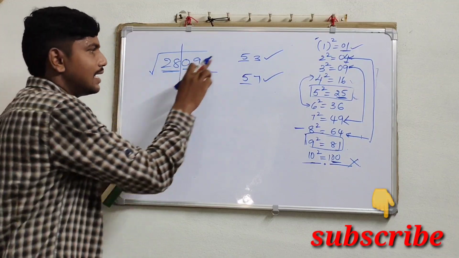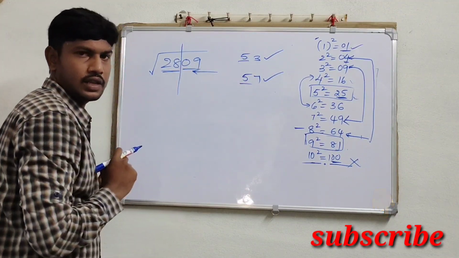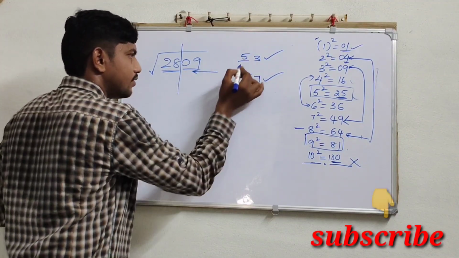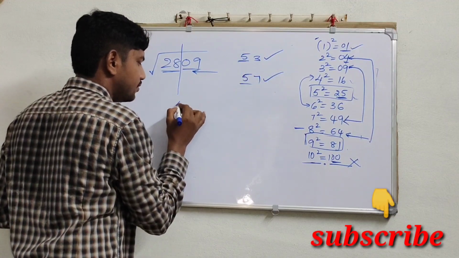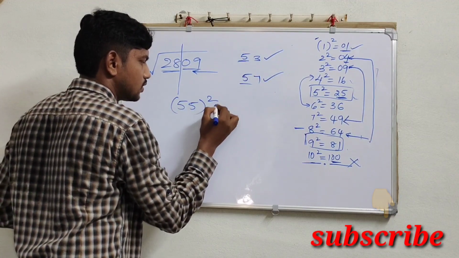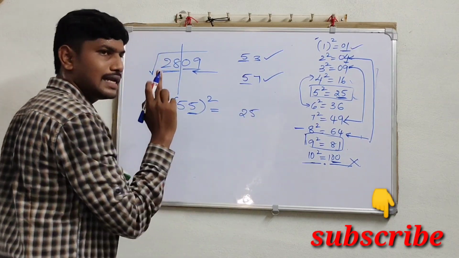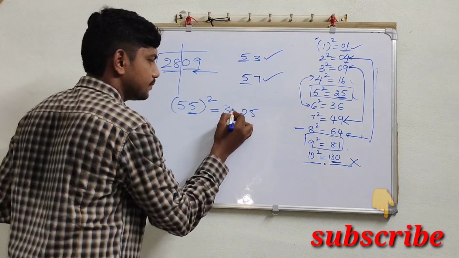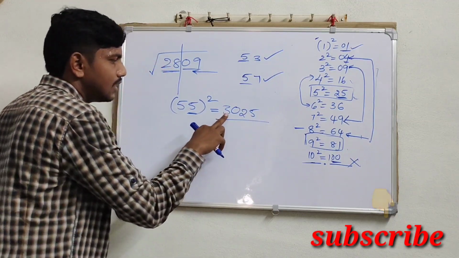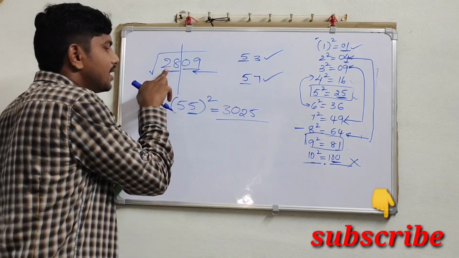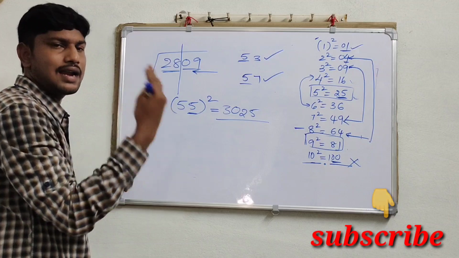How can we decide either 53 or 57? Very simple. I always take the number in the tens place with 5: 55 whole squared. We know, right? 5 5s are 25. The number after 5 is 6. 6 5s are 30. So 3025, compared to the given number, is it greater or less?